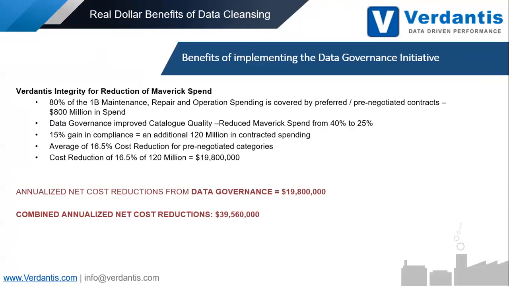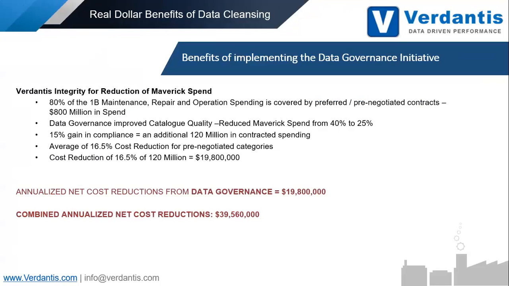Now, their numbers were 16.5% was the penalty for spending off contract. Gartner will tell you that's more like 18%, but these are their numbers. And what that net means is of that $120 million at 16.5%, that was, again, another almost $20 million they're saving every year in reduced Maverick spend, or more spend on contract.